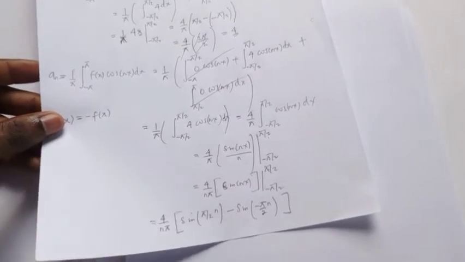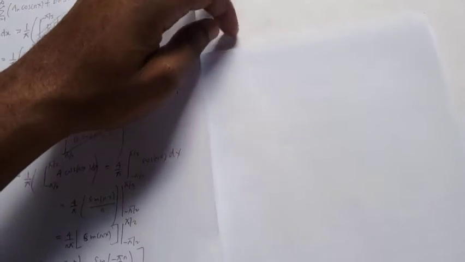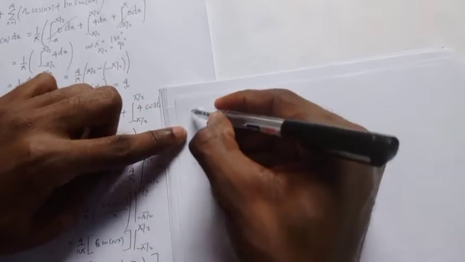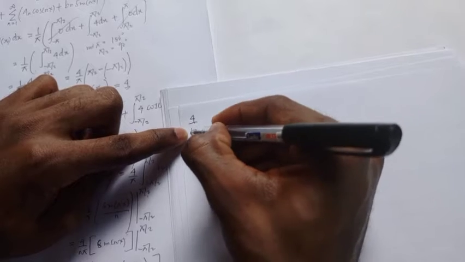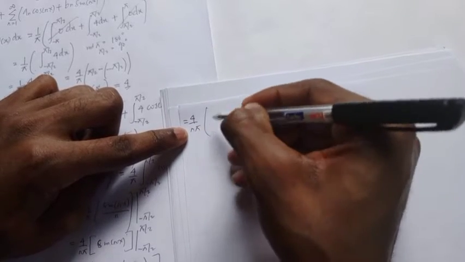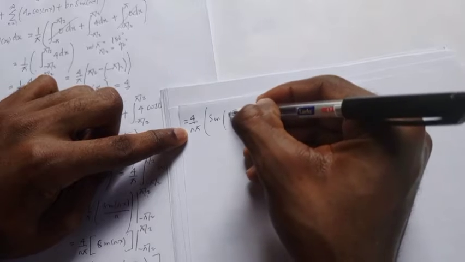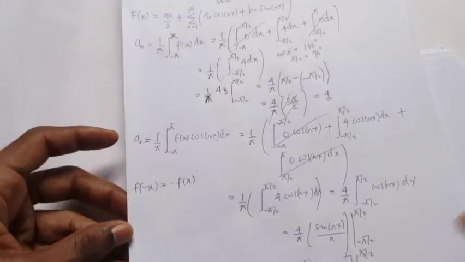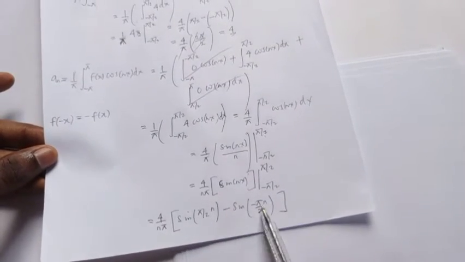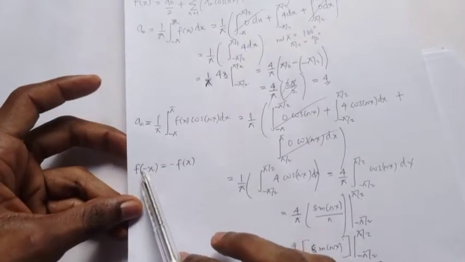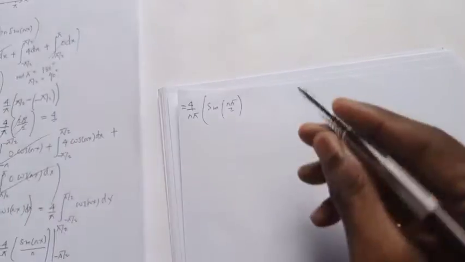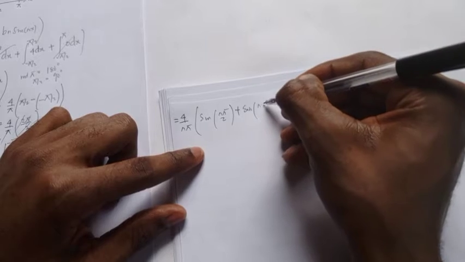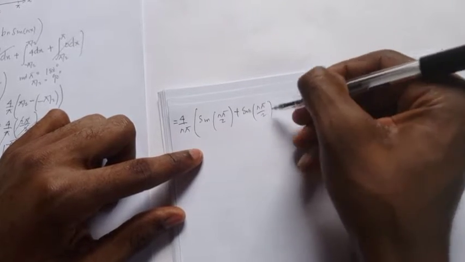So we have 4 over n pi into the sine of n pi over 2. Since the minus can come out, from our knowledge of odd and even functions it turns to positive. So positive sine n pi over 2.